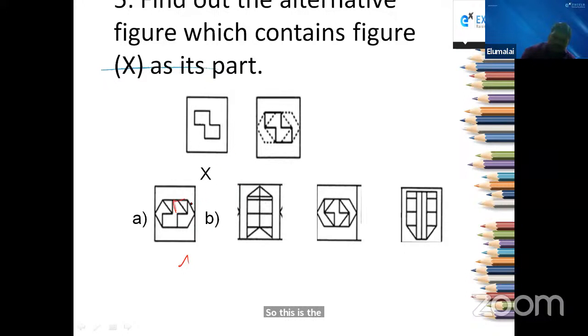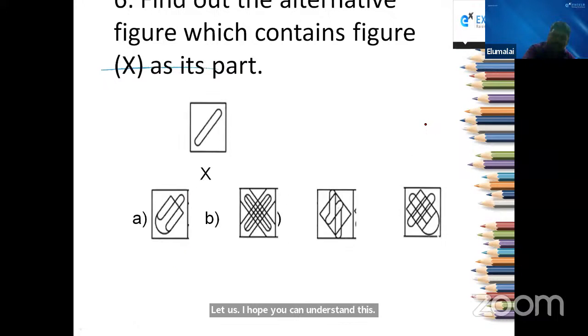The same object is here in the reverse domain, like this. I hope you can understand this. Good. Now answer this question.